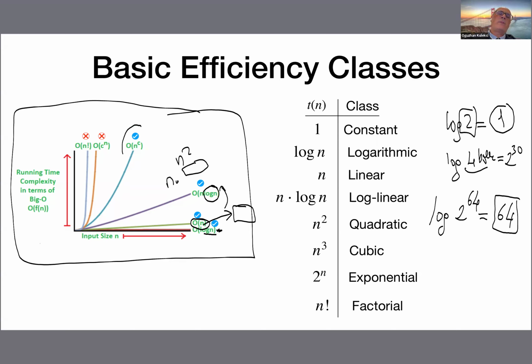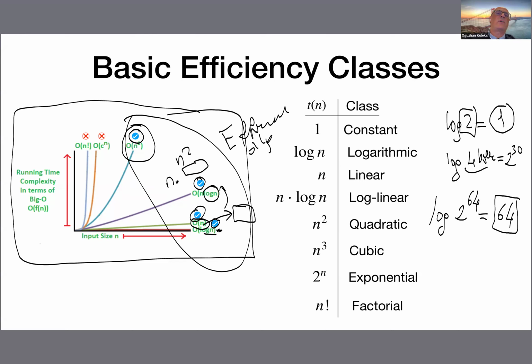Then we have this polynomial time, n to the c, okay? So you see this check sign just next to these complexities. This means, theoretically, these are all efficient algorithms, okay? If there is a solution in polynomial time for an algorithm, we call them efficient algorithms due to another paper from 65, okay?